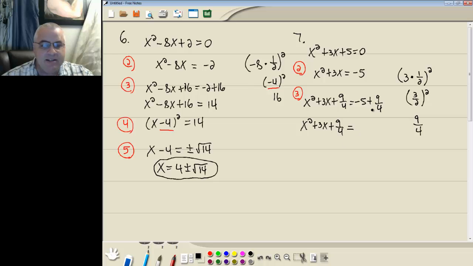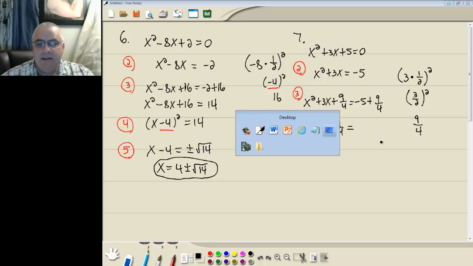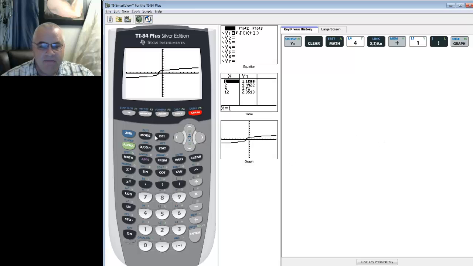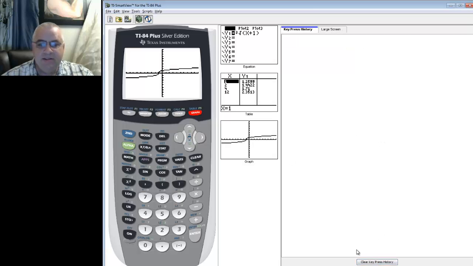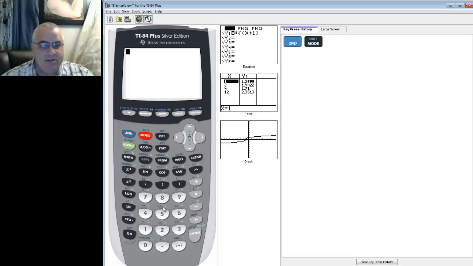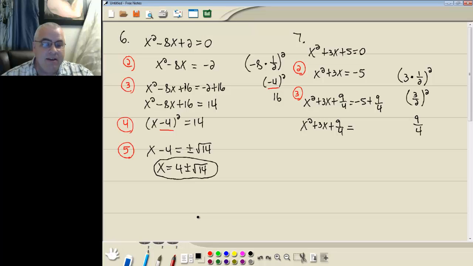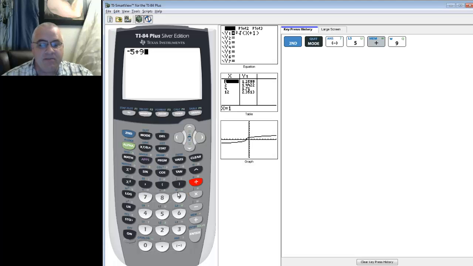I'm in graph mode here, so I'm going to do second mode to exit out. And then I'll do -5 plus 9 divided by 4. Just type it in exactly as you see it, and then press enter. And once you get decimal, then you do math, enter, enter. Now it's changed to fraction, and you see we got -11/4.